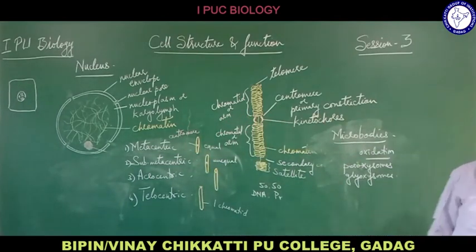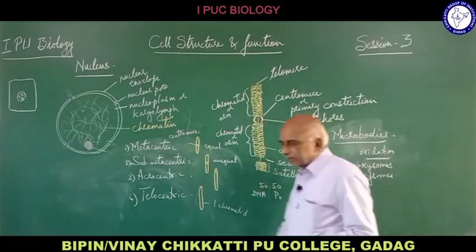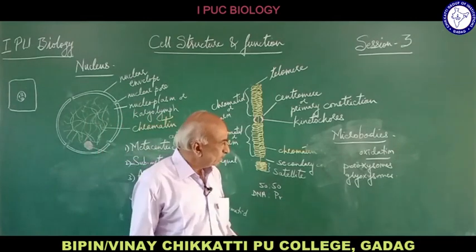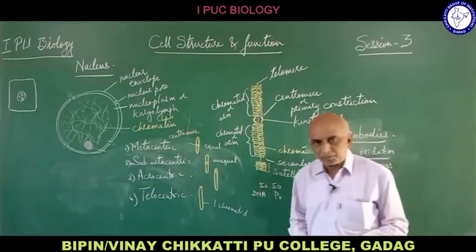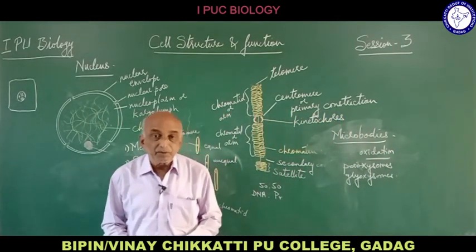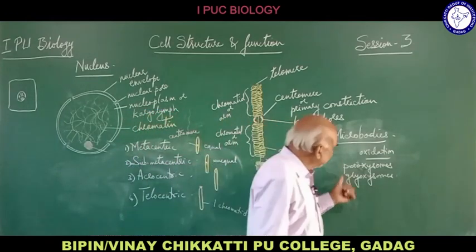So peroxisomes and glyoxysomes. Peroxisomes usually are involved in lipid metabolism, and glyoxysomes are usually involved in carbohydrate metabolism. So whatever the compound on which they act and bring about oxidation, they are classified like this.